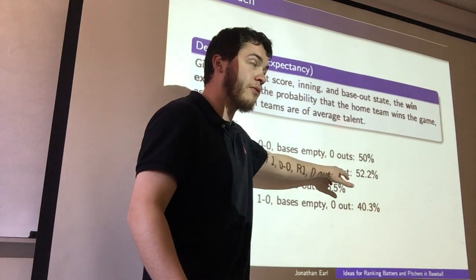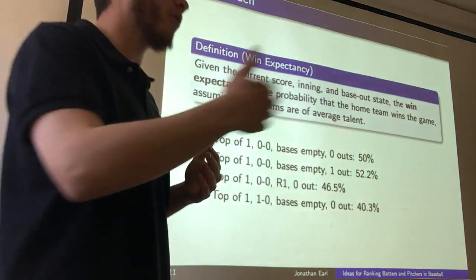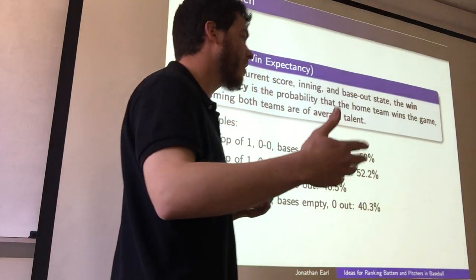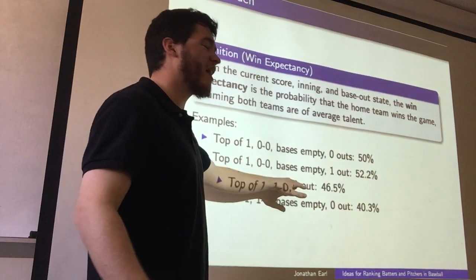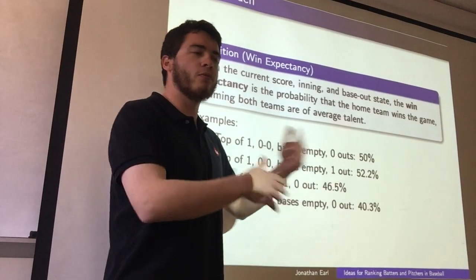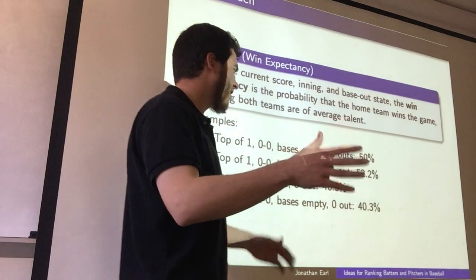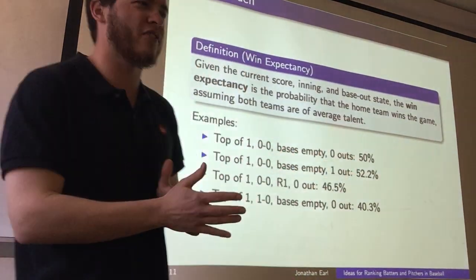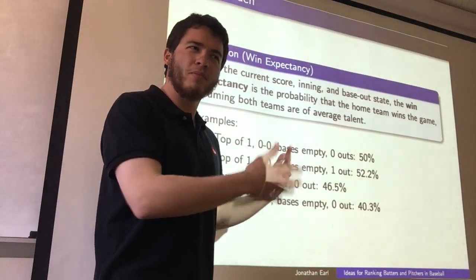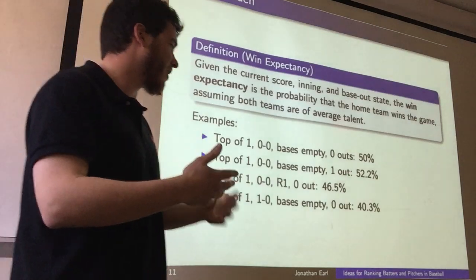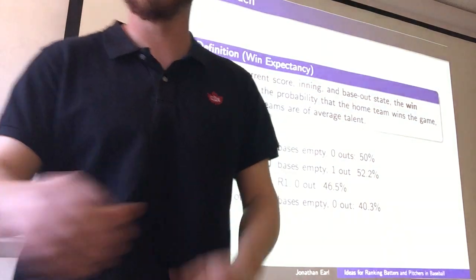If the first batter of the game, who is on the road side, goes out, the probability that the home team wins goes up about 2%. In contrast, if the first batter reaches base, the road team has a better probability of winning, so the probability that the home team will win goes down about 3.5%. And if the first batter hit a home run, the probability that the road team would win goes up a bit, so the win expectancy for the home team goes down to about 40%.